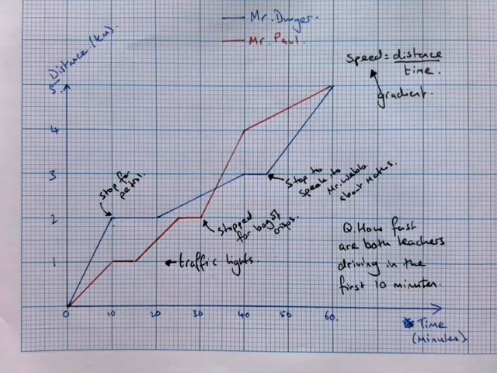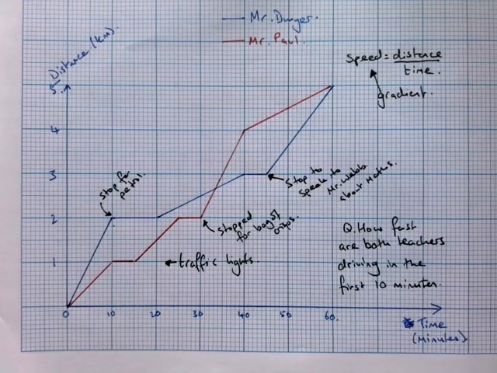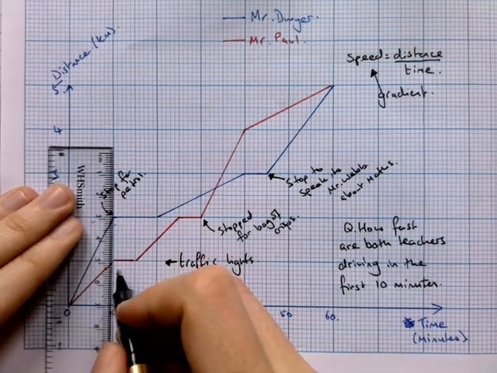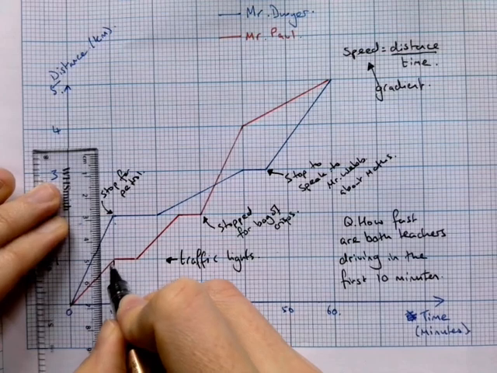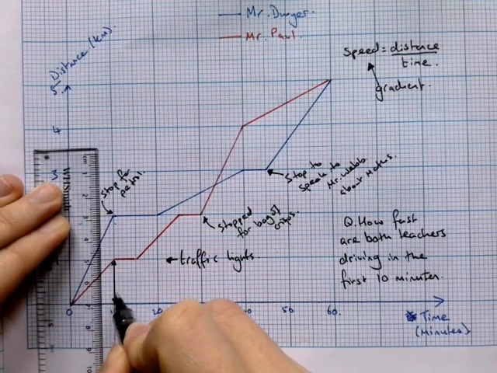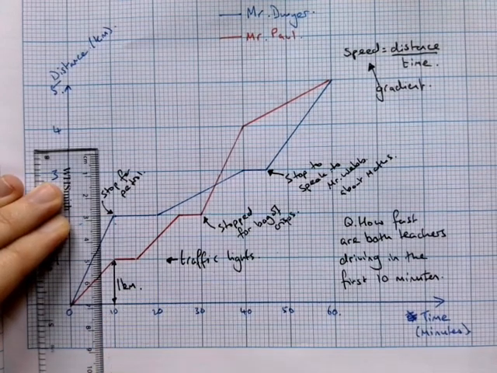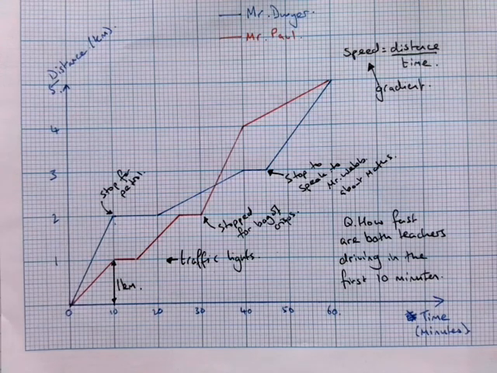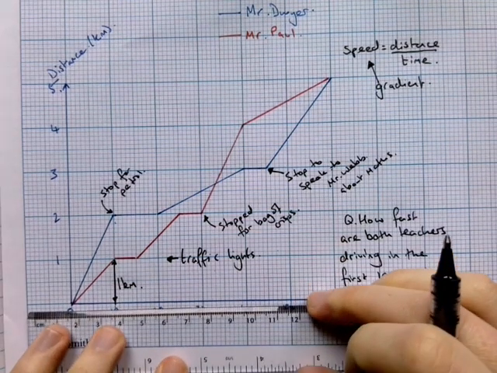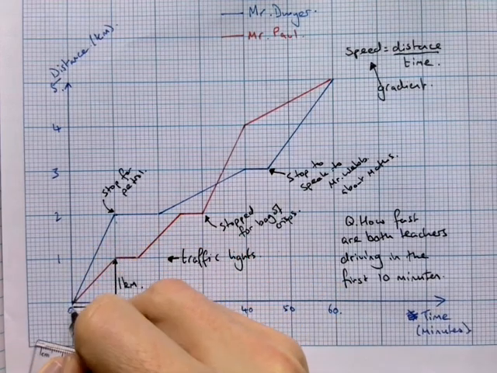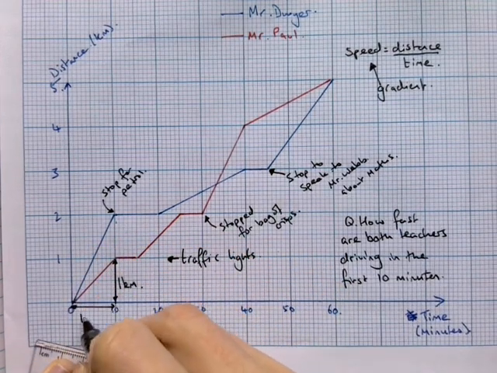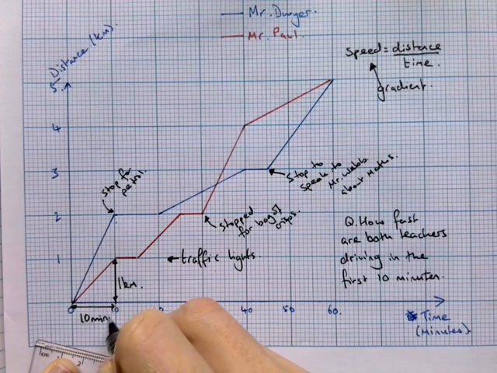In the first 10 minutes, Mr. Paul travels 1 kilometre, and it takes him 10 minutes.